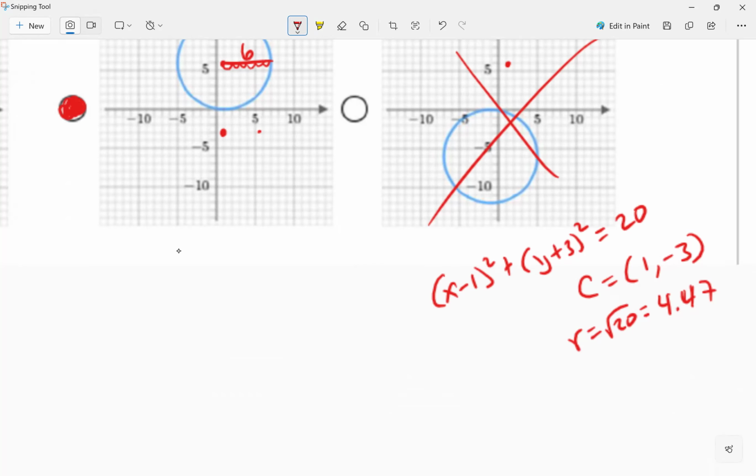Now you might be thinking, well, what if I had to graph this? Not identify it, but actually graph it. Well, when you have to graph it from the center, you're going to choose 4 other points. I'm going to go from my center down 1, 2, 3, 4, and a little bit more. From my center to the left, 1, 2, 3, 4, and a little bit more. From my center up, 1, 2, 3, 4, and a little bit more.